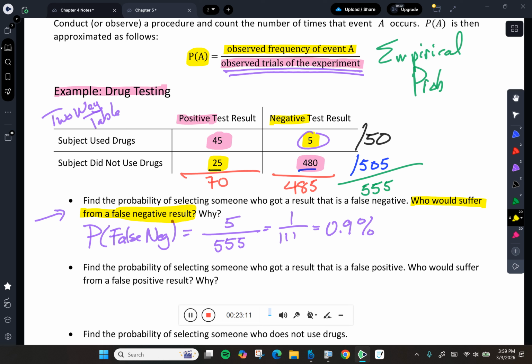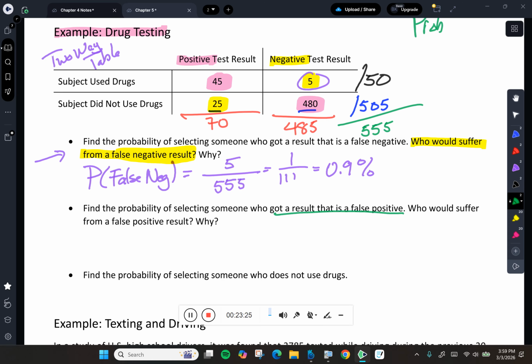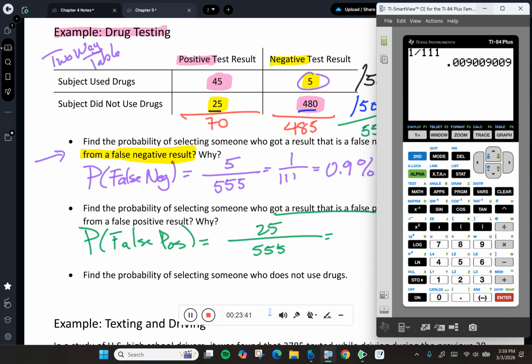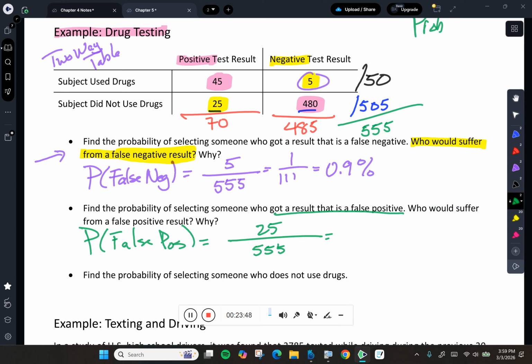All right. Question number 2 asks us to do basically the same thing, but this time find the probability of a result of a false positive. So the probability of a false positive would be the number of people who got a false positive, which we said was 25 out of that 555. And again, I'm going to argue for the decimal or the percent. So 25 out of 555, 0.045, so 4.5%.